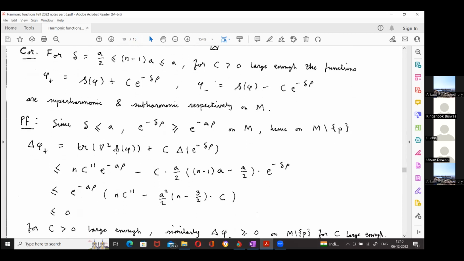And we know that the norm of the Hessian is decaying exponentially, so the trace of the Hessian is less than or equal to n times the norm of the Hessian. So this is less than or equal to n times c double prime e to the minus a rho. And the Laplacian of e to the minus delta rho, we saw this function was superharmonic, its Laplacian is negative. This will be minus c times a over 2, that is my delta, times (n minus 1)a minus a over 2, times e to the minus delta rho. Okay.